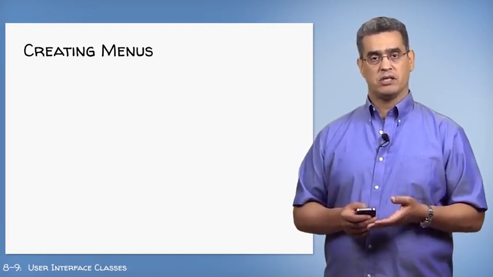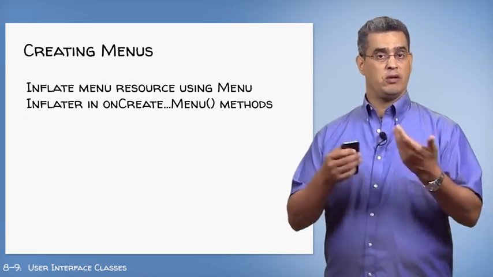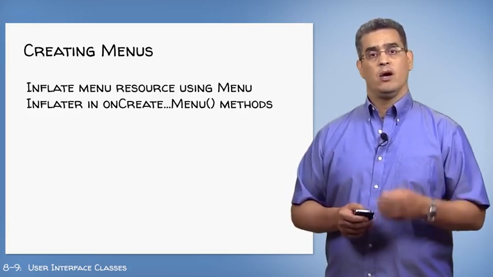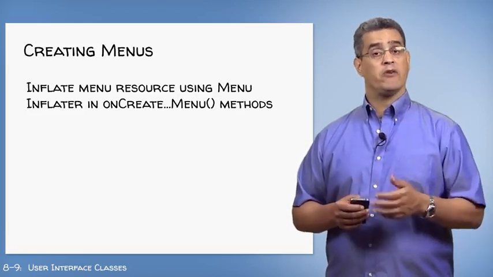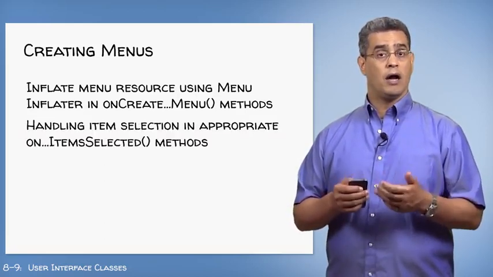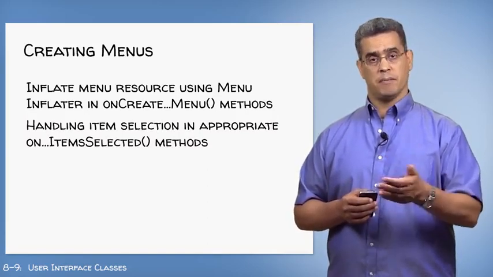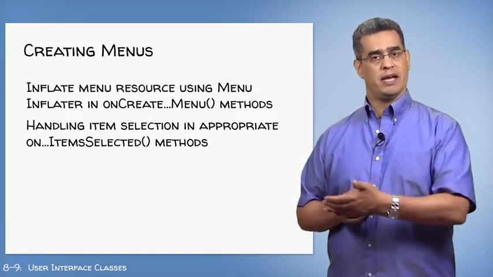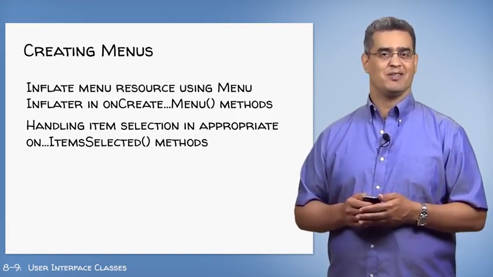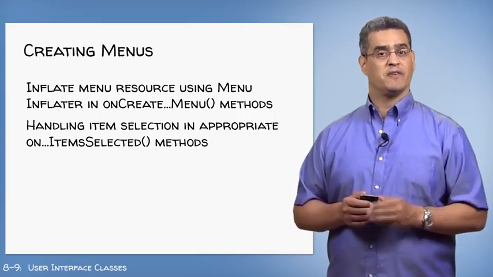In these methods, you'll use a menu inflater to create the actual menu layout. When the user later selects one of the menu items, Android will call a method such as onOptionsItemSelected for options menus and submenus, or onContextItemSelected for context menus. Let's look at a simple example with all these different kinds of menus.